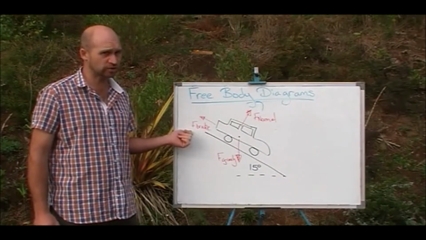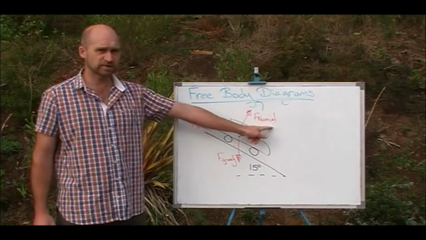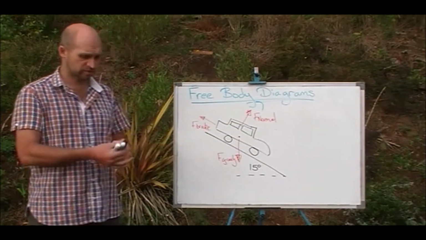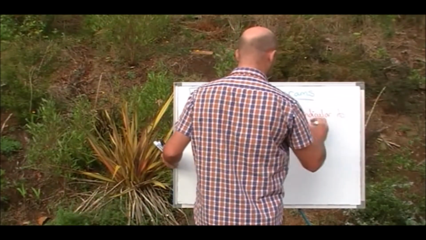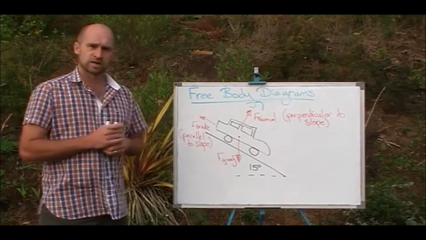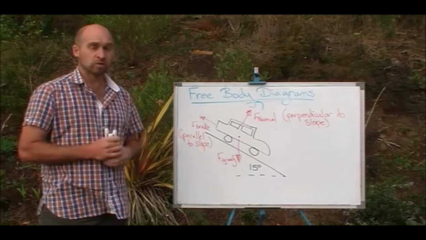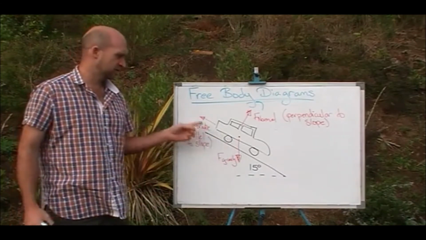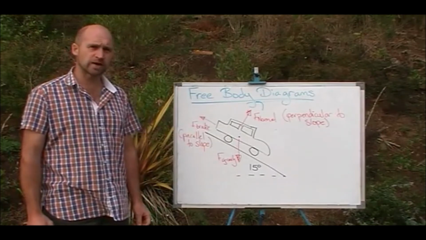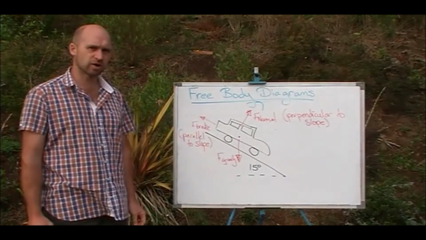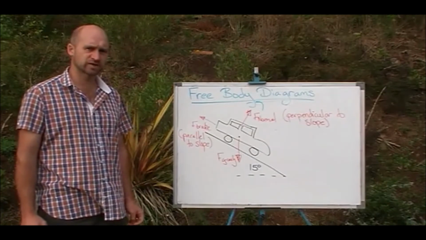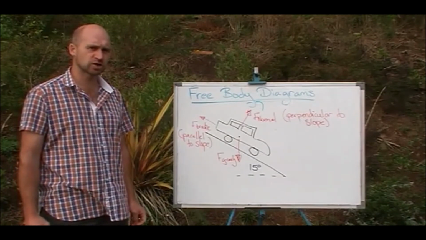So some key geometry points for you there. Perpendicular to the slope, parallel to the slope. Now what I want you to do, what we are going to do, is take those 3 forces, and we know that the car is stopped, we know that the net force is 0, so I want you to draw those 3 forces together so that they form a closed triangle.